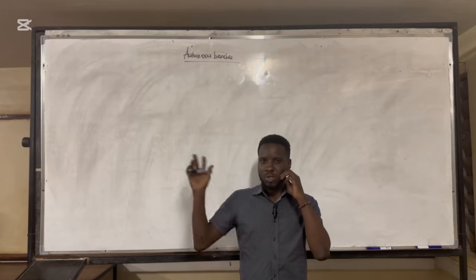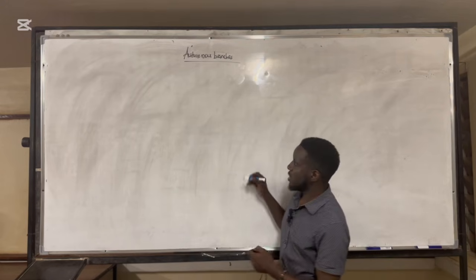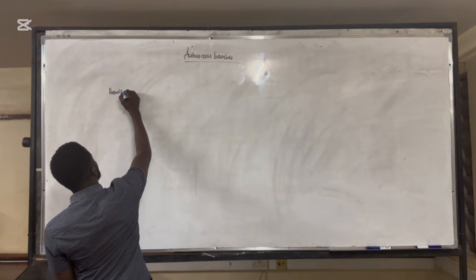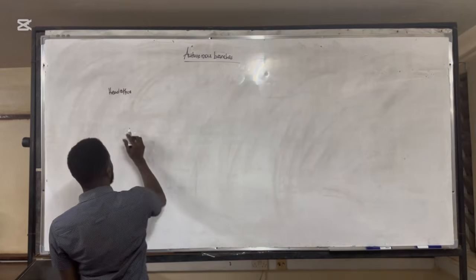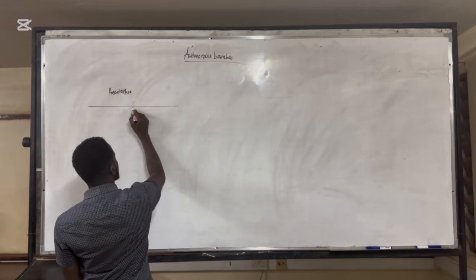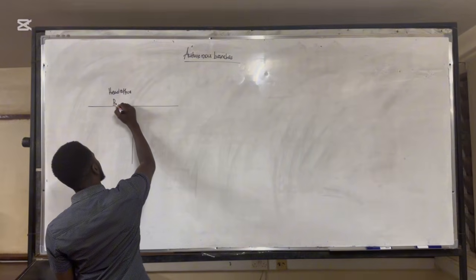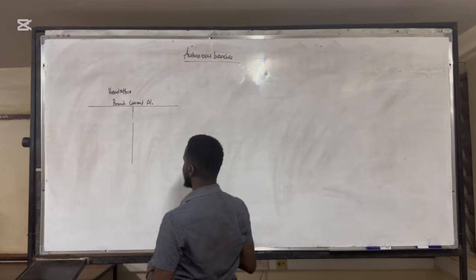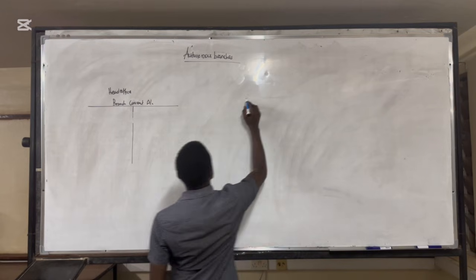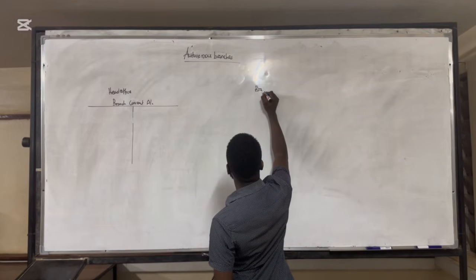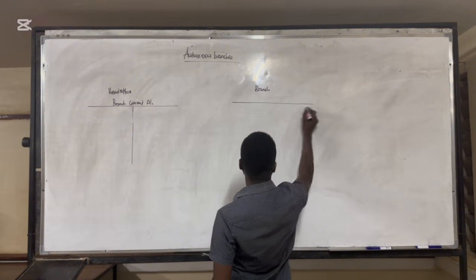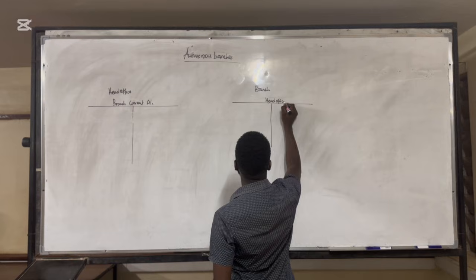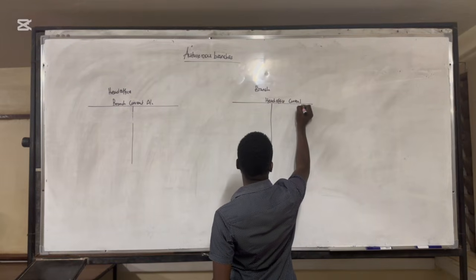Now, when it comes to autonomous branches, we are going to see whereby the head office is going to prepare a special account called the branch current account, and then we are going to look at the branch preparing the head office current account.